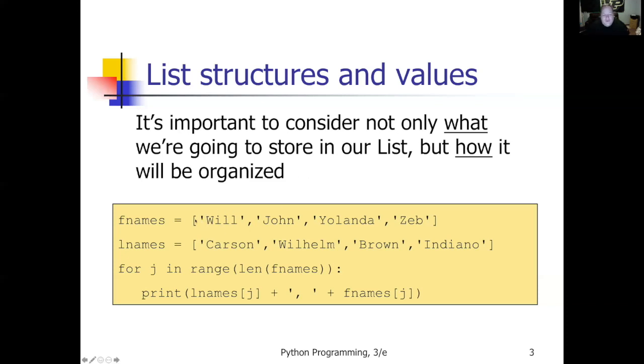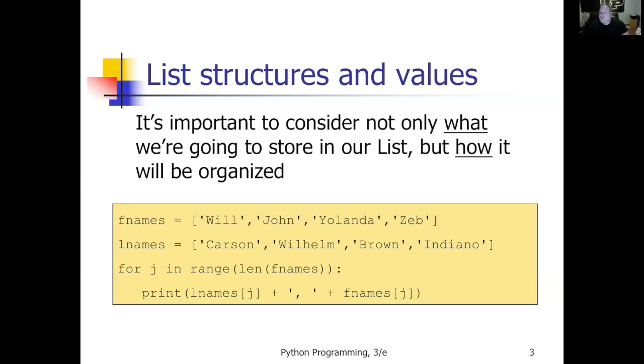At index 0 in F names is Will, and at index 0 in L names is Carson. So when I set up a for loop, for j in range, the length of first name or F names, it's going to be length of 4. So this is going to give me a range of 0, 1, 2, and 3. Well, that happens to also be the indexes of the names in both lists, 0, 1, 2, and 3.